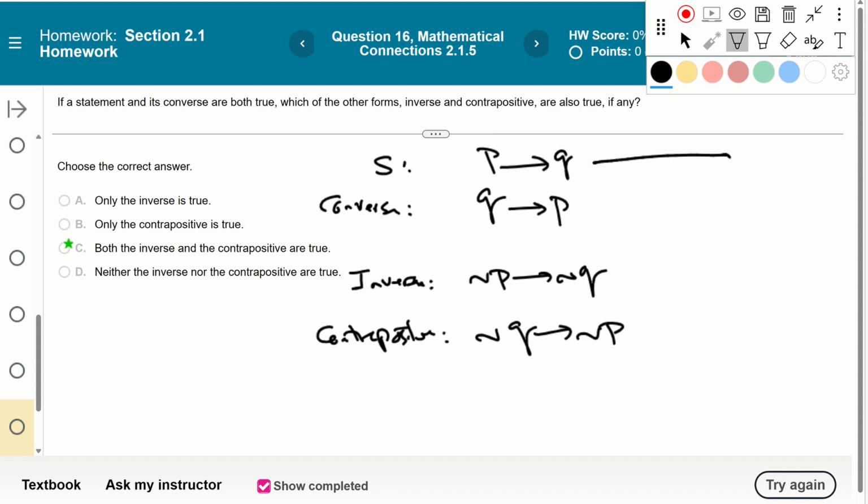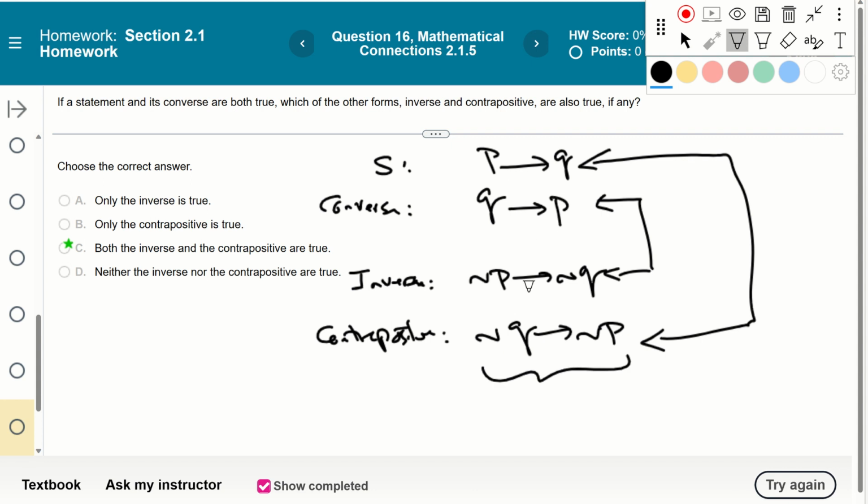Now, we've already seen that these two are logically equivalent and that these two are logically equivalent. Okay? So if this one is true and this one is true, because these two are logically equivalent, that means this is going to be true.